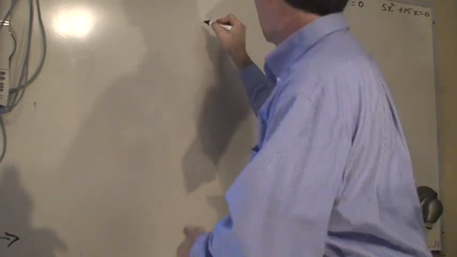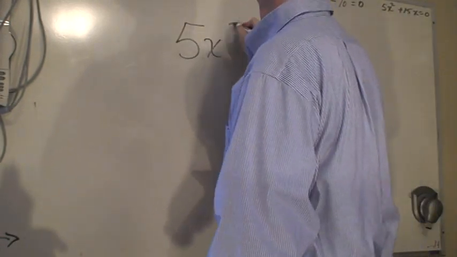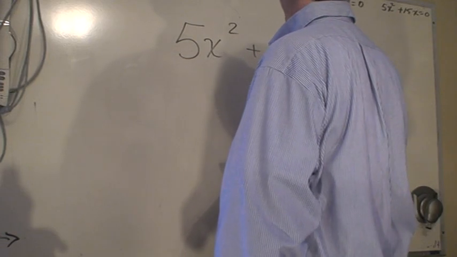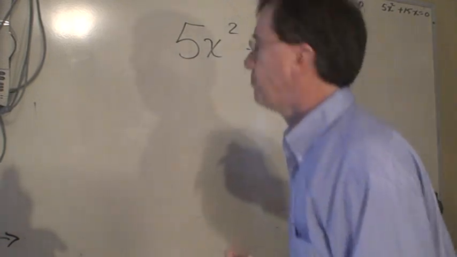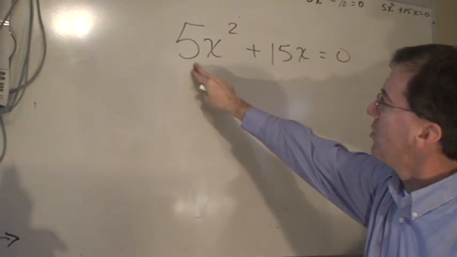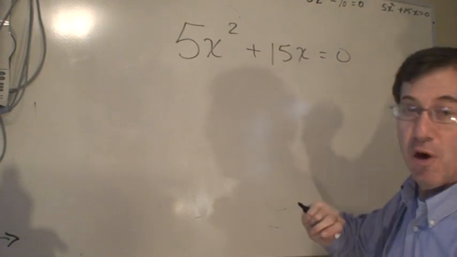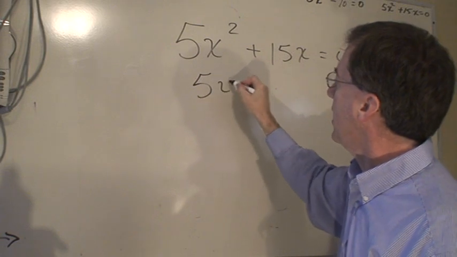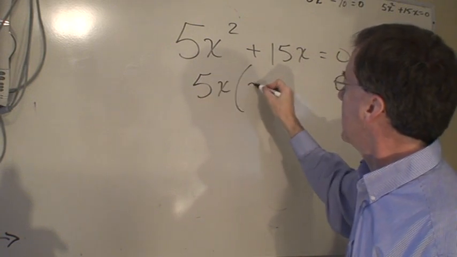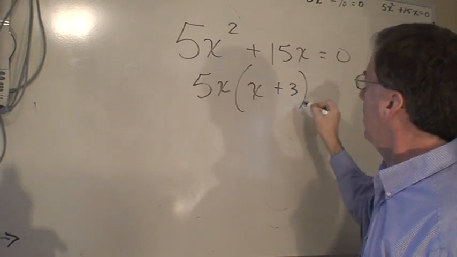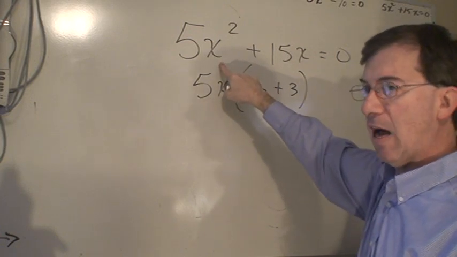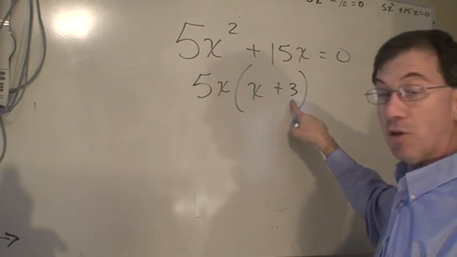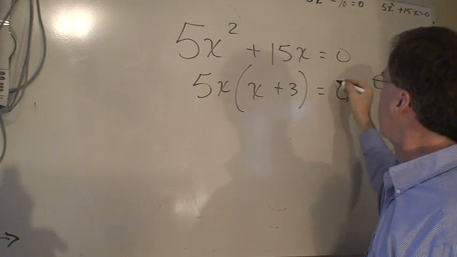Let's say I had 5x squared plus 15x equals 0. On this one again, you'll note that I could factor out a 5 out of both of those and an x out of both of those. So I could say 5x times x plus 3, because 5x times x is 5x squared and 5x times 3 is 15x.